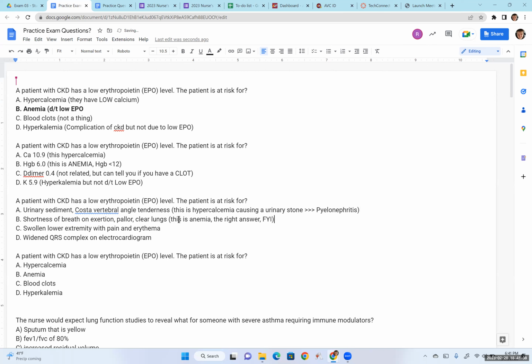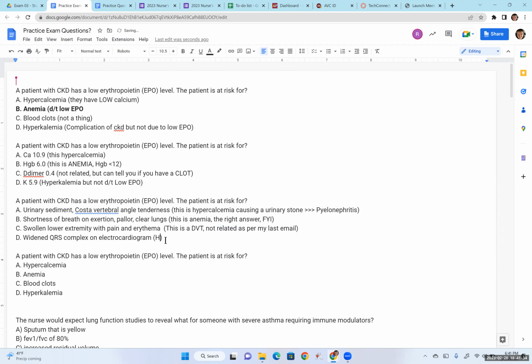FYI. All right. So swollen lower extremities with pain and erythema, that's a sign of a DVT, right? Not related, as mentioned above. And then wide QRS complex, right? What is that?